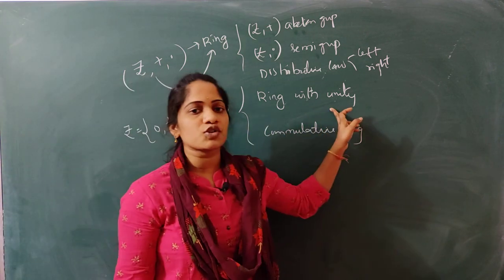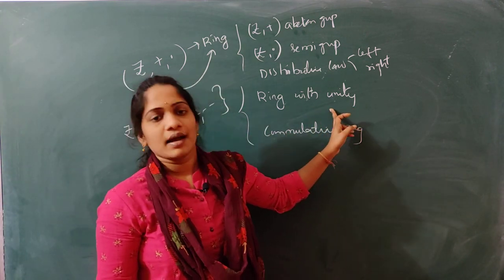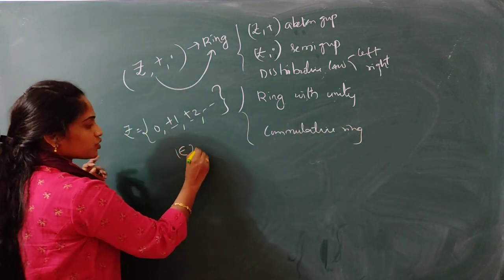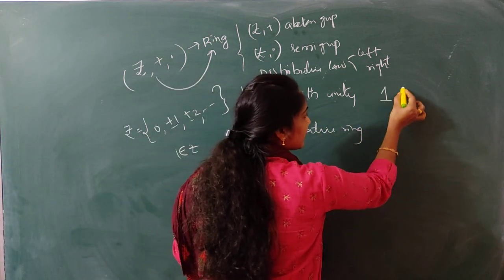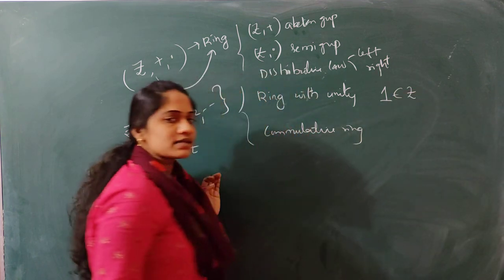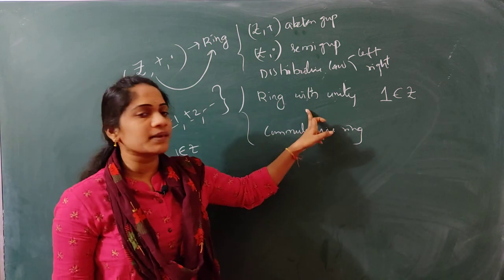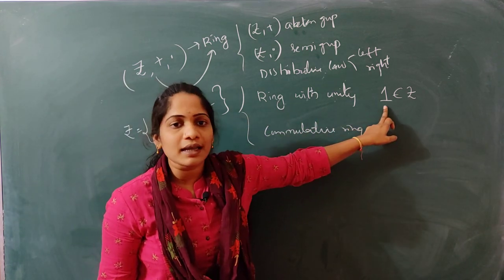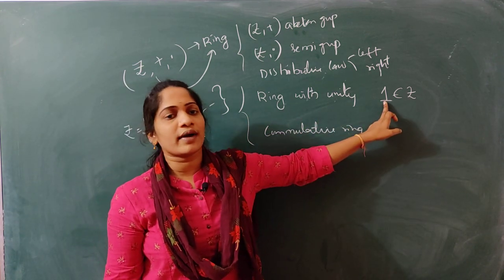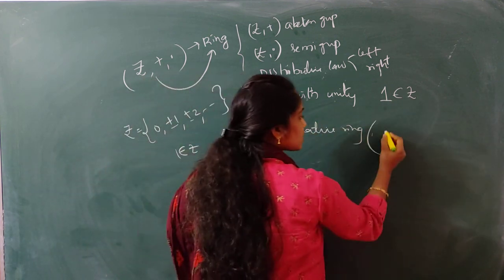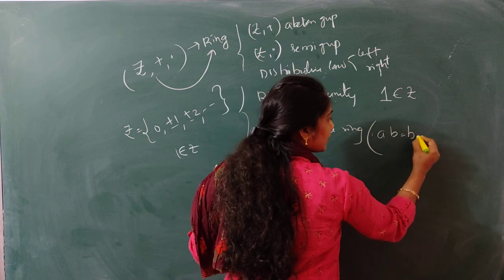Ring with unity means you have to get the multiplicative identity. Here you are getting 1 belongs to Z. In multiplication the identity element is always 1. So the multiplicative identity exists in Z, then it is a ring with unity. And commutative means multiplicative commutativity.